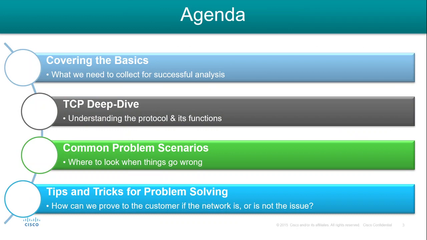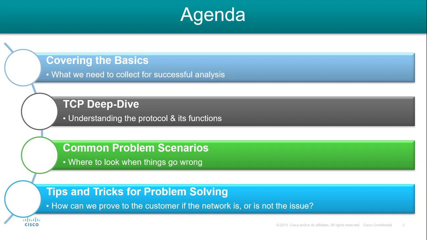As I said earlier, this is a four-part series, and so the way we're going to accomplish that is through these sections here. For the remainder of this video, we will be covering the basics, and this is all about what we need to collect for a successful packet analysis. It is key that we have good data going into our analysis because just like with case notes, if it's garbage in, it's garbage out.